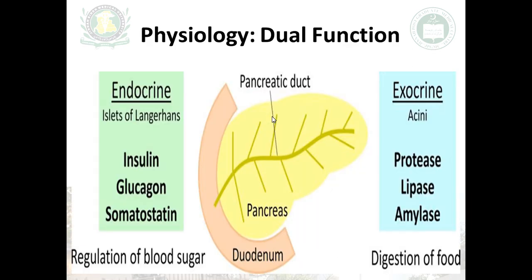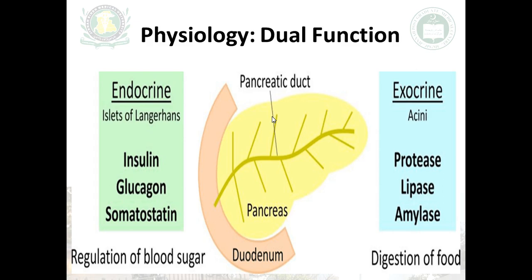Well, when you are considering the physiology of the pancreas, you can see that the pancreas has a dual function. It has an endocrine function, it has an exocrine function. The cells of the endocrine function are known as the islets of Langerhans. They release insulin, glucagon, and somatostatin, and all these basically help in the regulation of blood glucose.